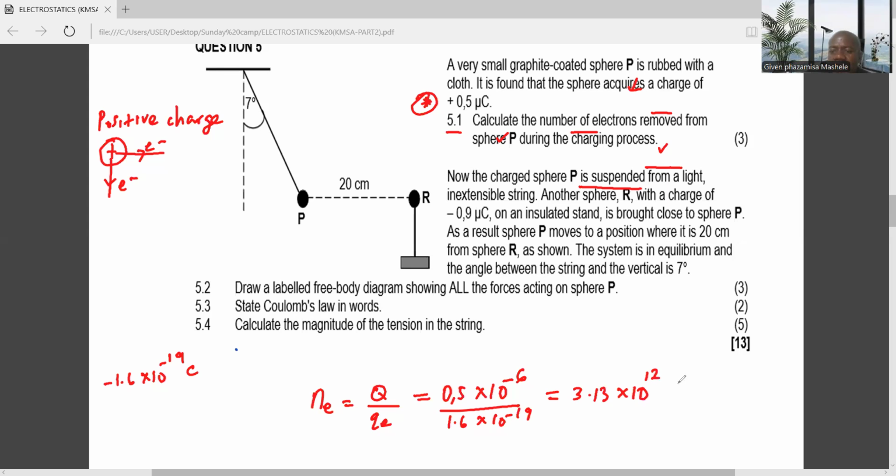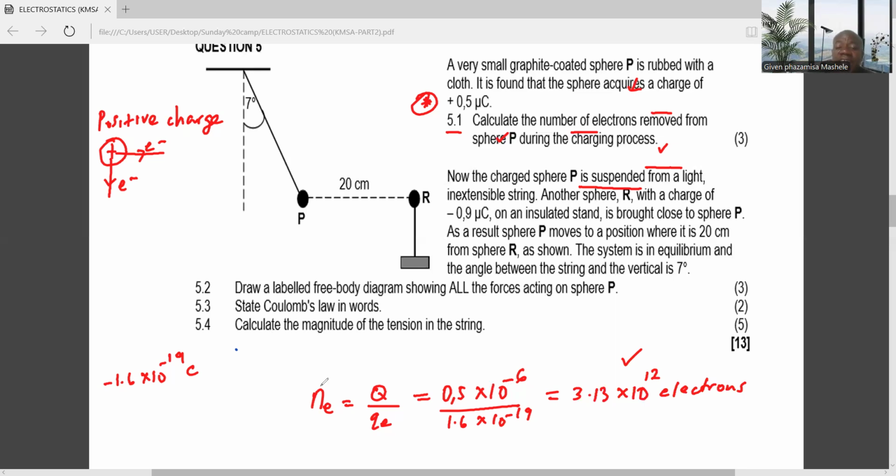This is the number of electrons actually removed from sphere P during the charging process. It's very important to know how to calculate the number of electrons. The formula is provided in the formula sheet, so you need to understand this.